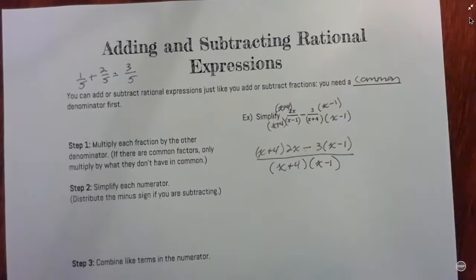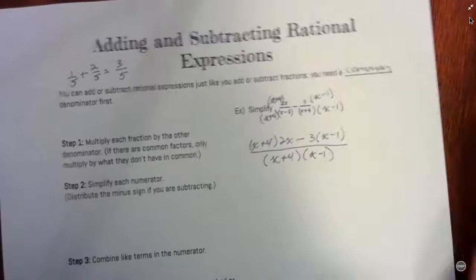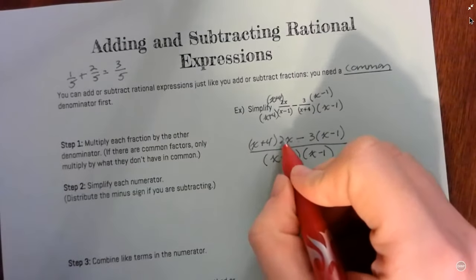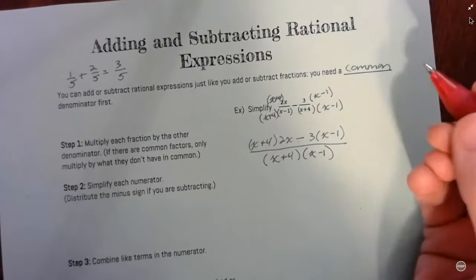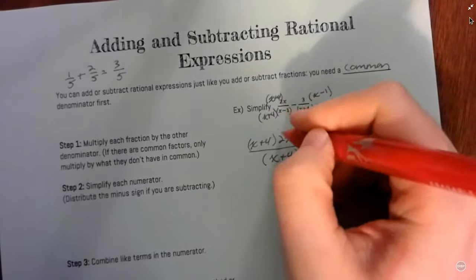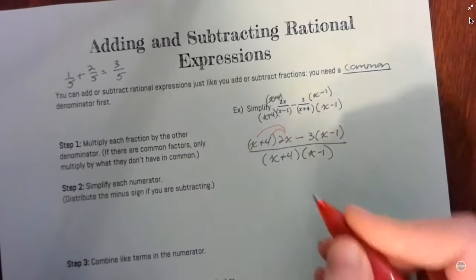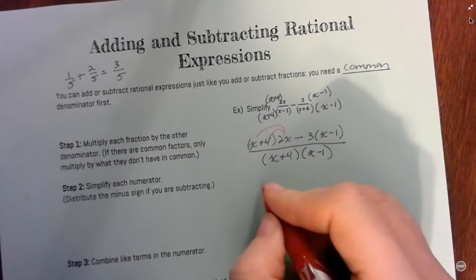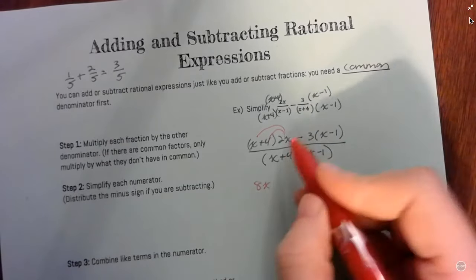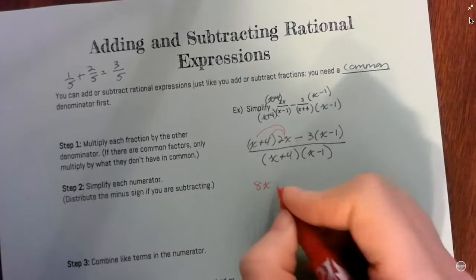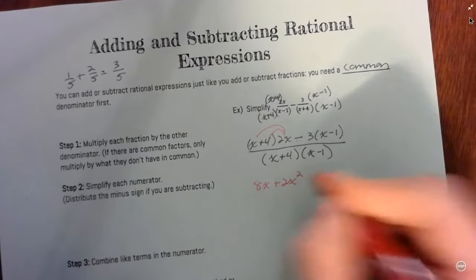So I'll color code a little bit here. I can do box method here, or I can just distribute. I'm going to choose to just distribute that 2x like this. So 2x times 4 is 8x, and 2x times x is 2x squared.